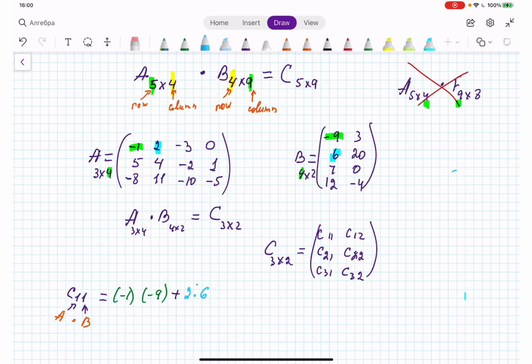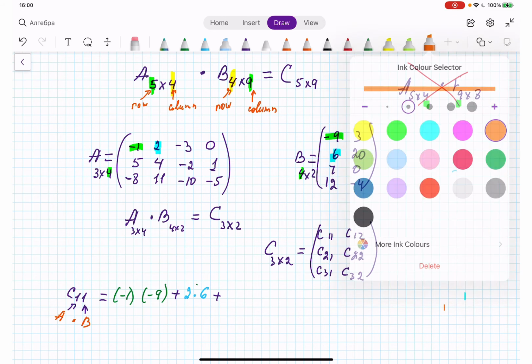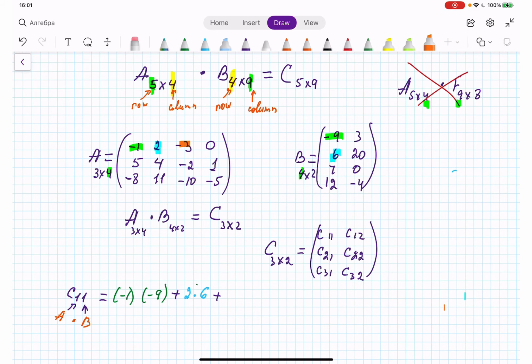Next, plus -3 multiplying by 7. So first row elements multiplied by the first column elements, and it's going to be -3 times 7.